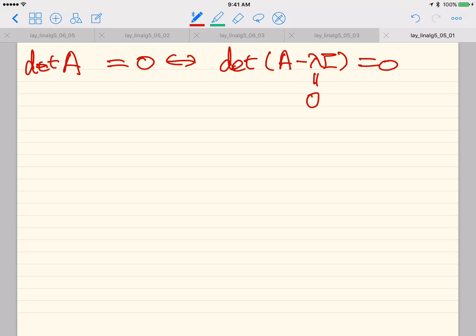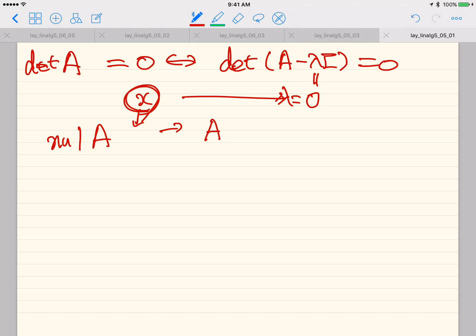In that case, what would be your eigenvector associated with this eigenvalue of 0? These are nothing but the null space, because we have to satisfy this solution for the eigenvector x associated with the eigenvalue of 0.